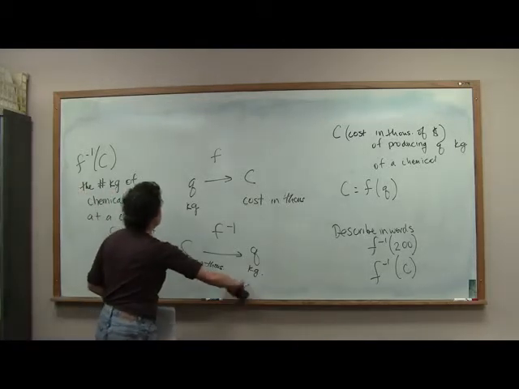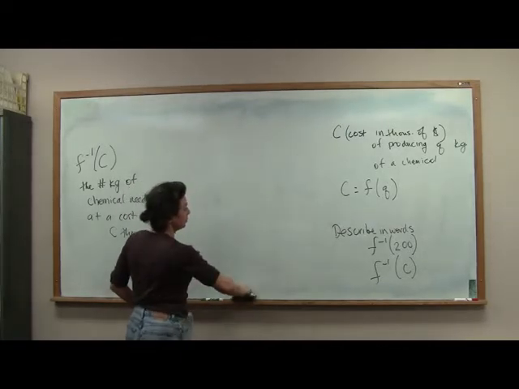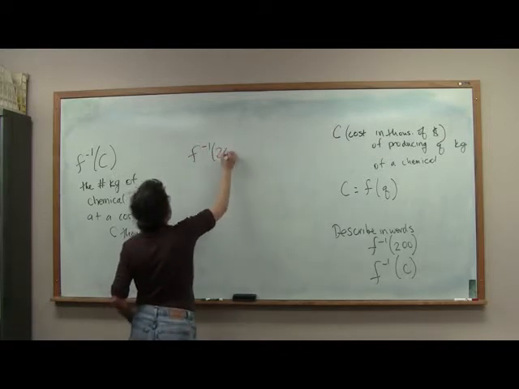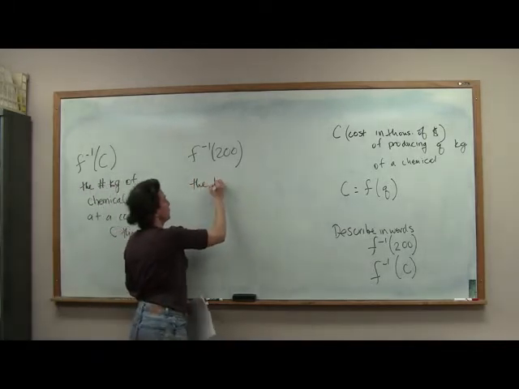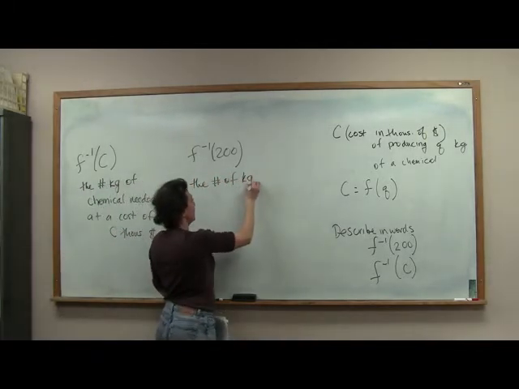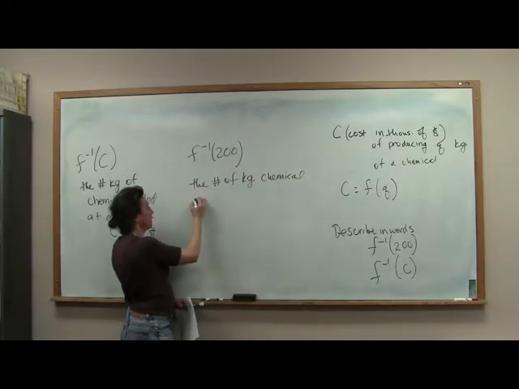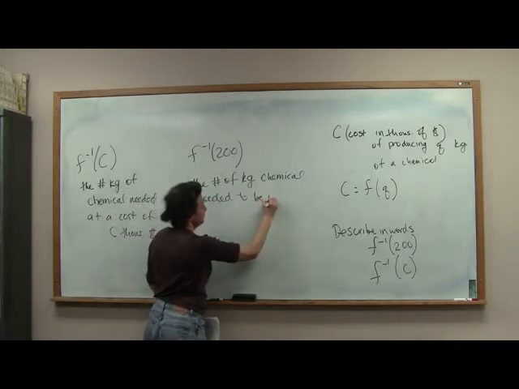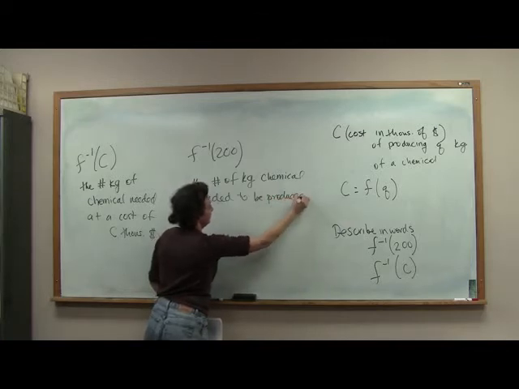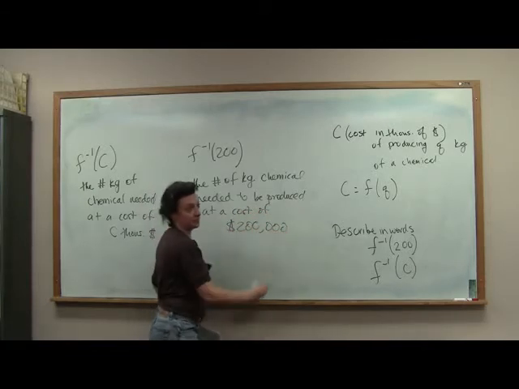Okay? So specifically, then, if we wanted to interpret what f inverse of 200 is, again, it's the number of kilograms of our chemical, that's the output of this guy, needed to be produced at a cost of, well, $200,000.